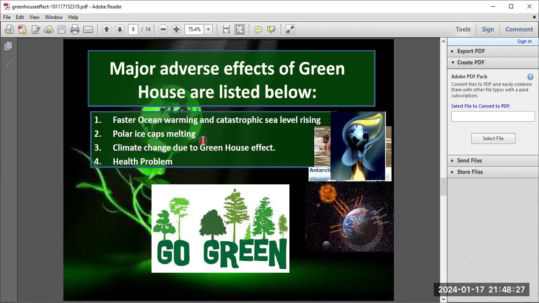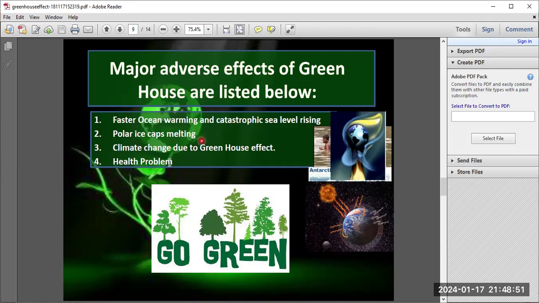Climate change due to the greenhouse effect. We are continuously seeing that due to the greenhouse effect, the rain cycle is disturbed. The frequency of storms has also increased.